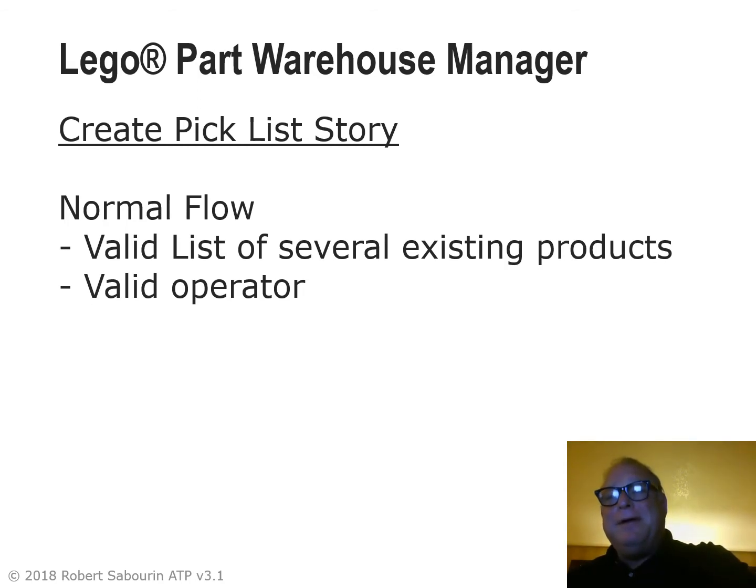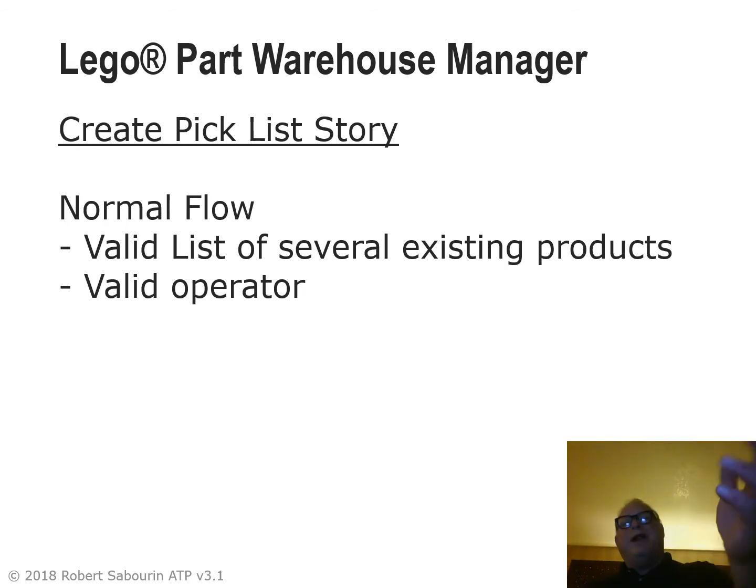Some of them are considered a normal flow. So if we're creating a pick list story, a normal flow might well be, we're going to pick a valid list of existing products with a valid operator.